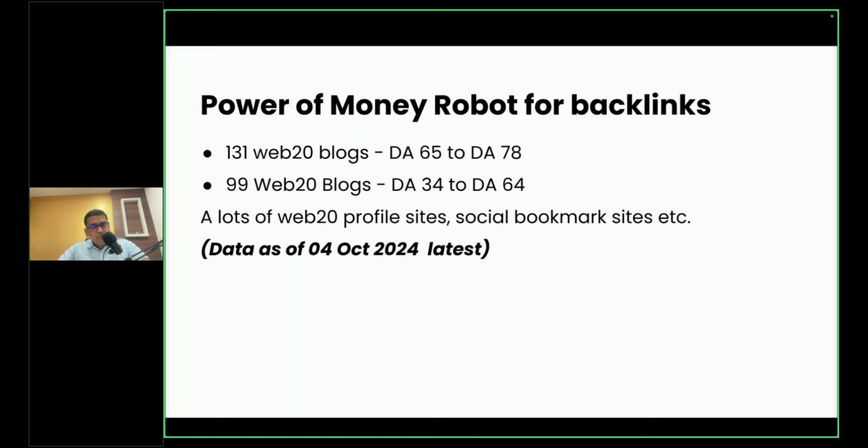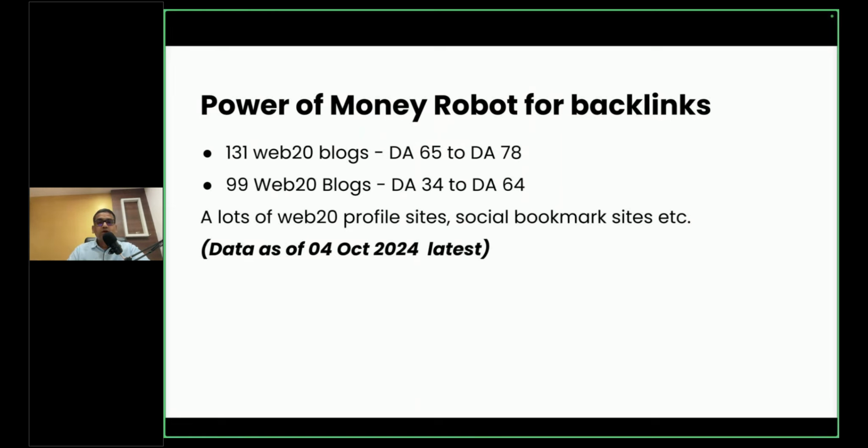It's really amazing, guys. I have been in SEO and I have used almost all the software out there for years and years. And I tell you, can you answer me in the box, how many of the software you know have 131 Web 2.0 or any kind of 131 sites in the software, with one click campaign creation possible, and having a domain authority of 65 to 78?